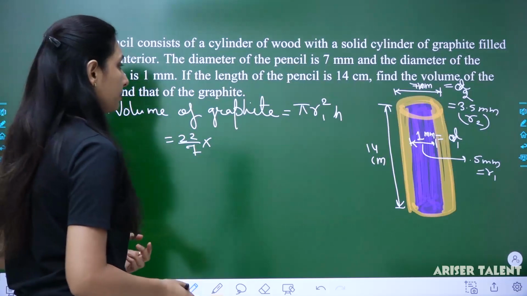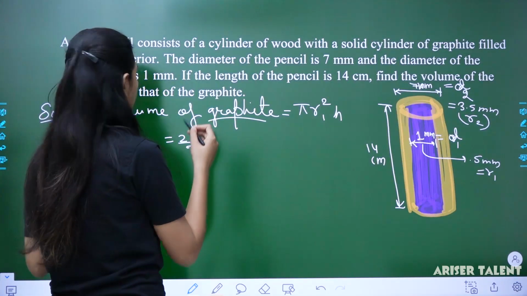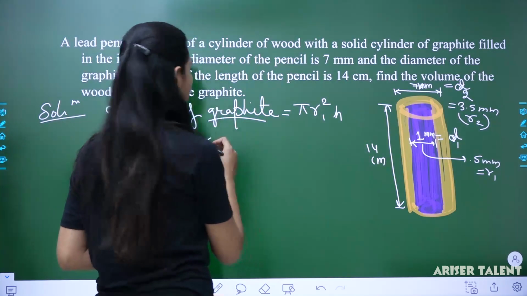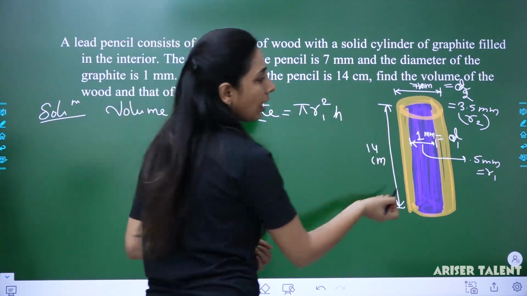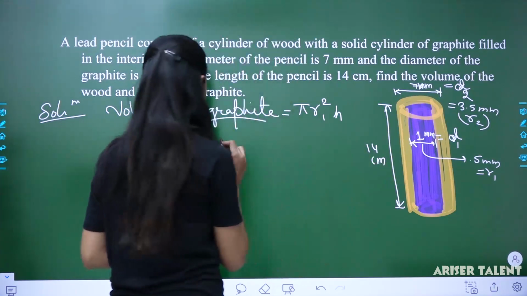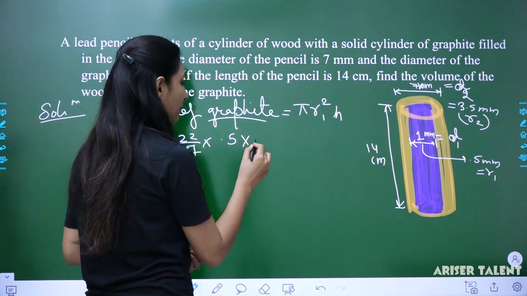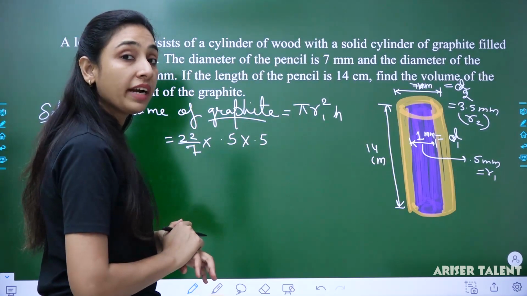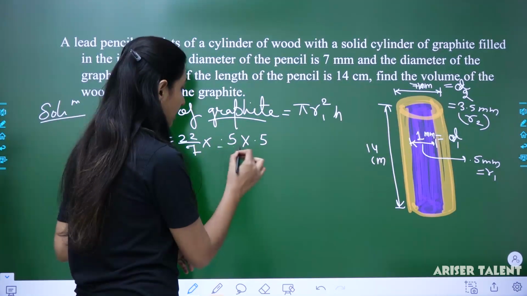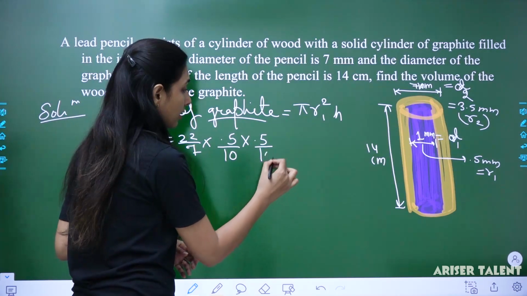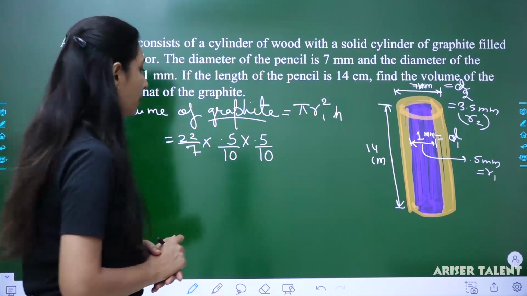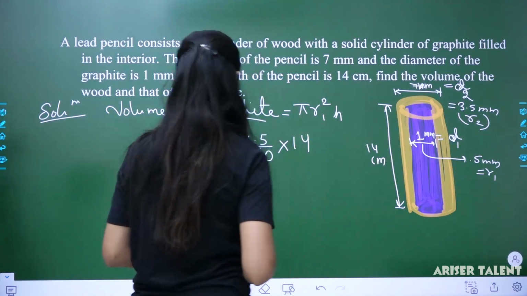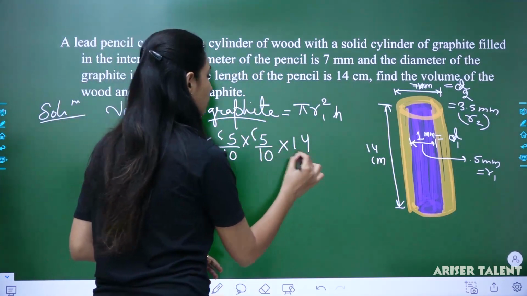Now we'll be having the graphite volume. Graphite volume will be pi R1 square. Now R1 is 0.5, multiply by 0.5 of mm, but we have to find it in centimeters. Multiply by the height 14.